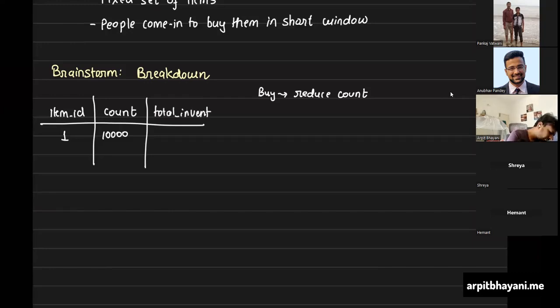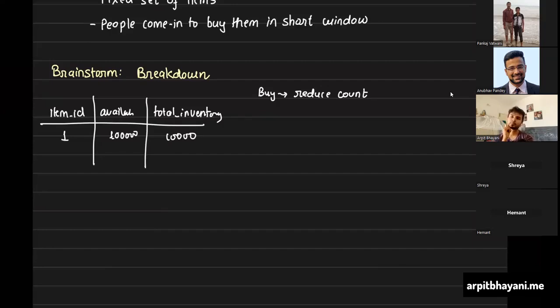Total sold. And this is items available. Total inventory, and how many are available. Let's say all 10,000 are available. Okay, so this is our database.